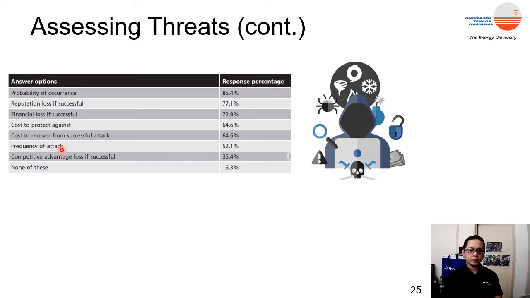Frequency of attack, perhaps 52%, and none of this, perhaps 6.3%. So you can assess each threat, ask those questions, and give it a certain number or value. Perhaps you can have a vote, for example, or you can have a proper calculation depending on how you try to value or give certain quantifying meaning to your assessment.